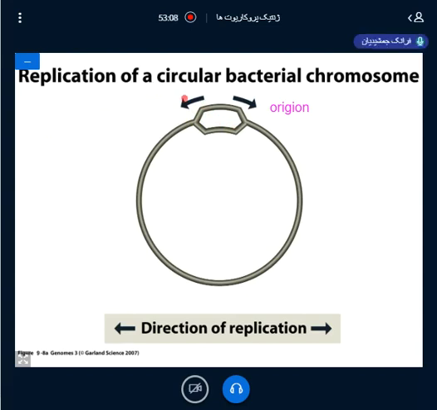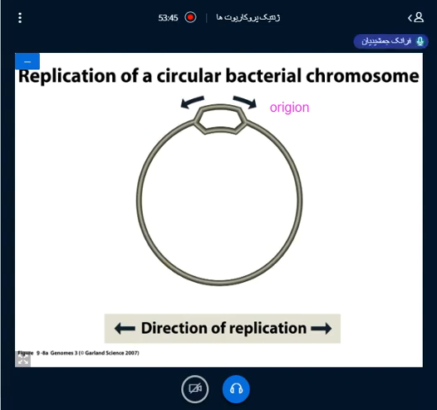What about the replication fork direction? We have two fork directions, one this side and one this side. So in the bacteria, the replication starts from the origin and goes both ways. Understand? This is the direction of replication.